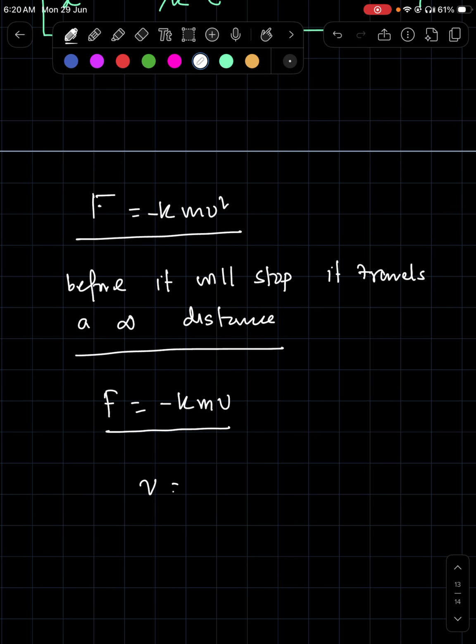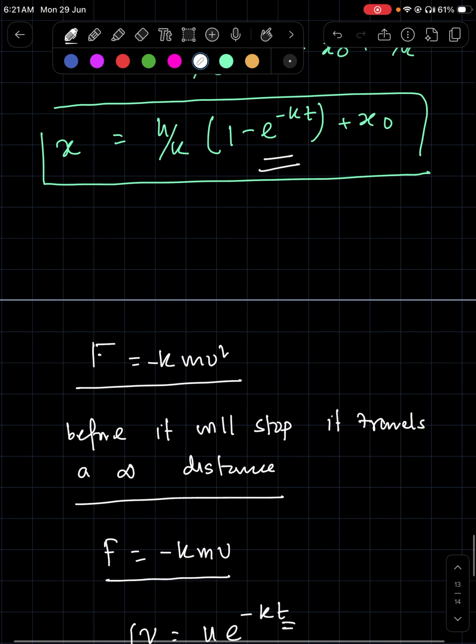We have found that V equal to u e to the power minus kt, right? So V becomes 0 when, since e is a quantity greater than 1, it can be 0 only at t equal to infinity. So as t tends to infinity, V tends to 0.